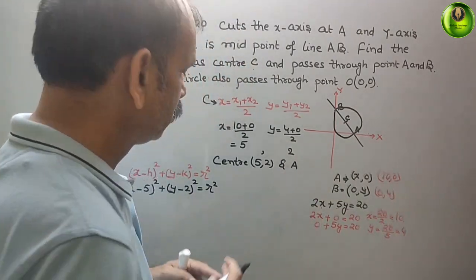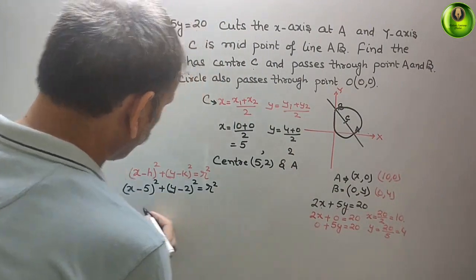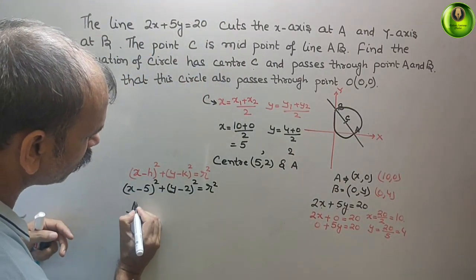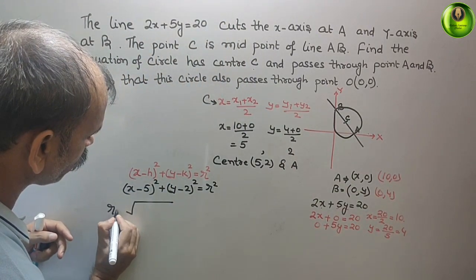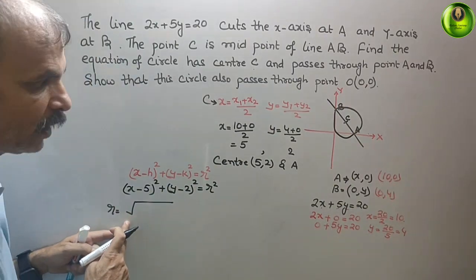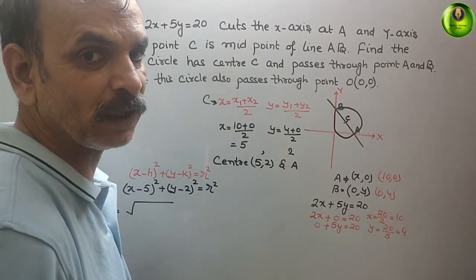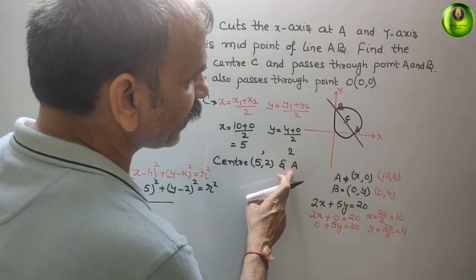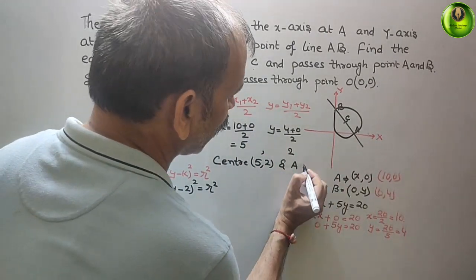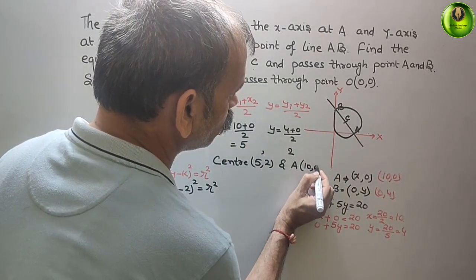For the radius, root over (x2 - x1) whole square plus (y2 - y1) whole square. The coordinate of A is (10, 0).